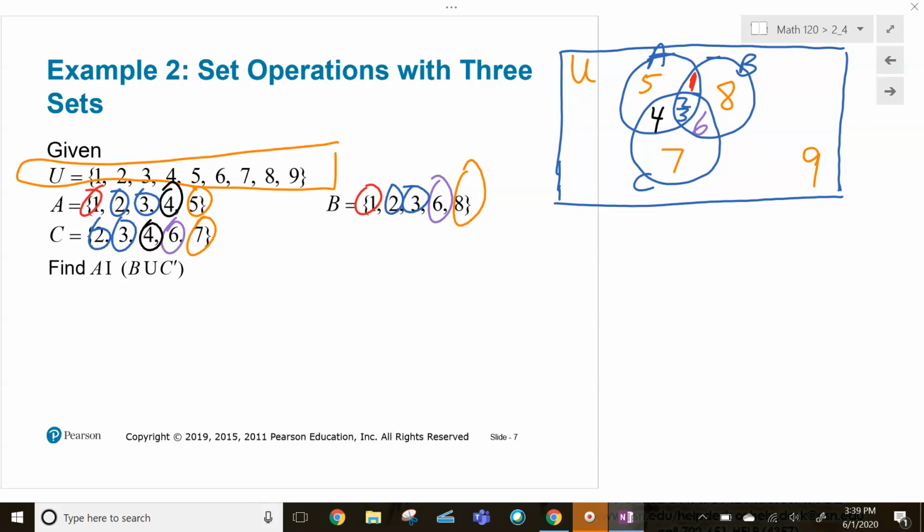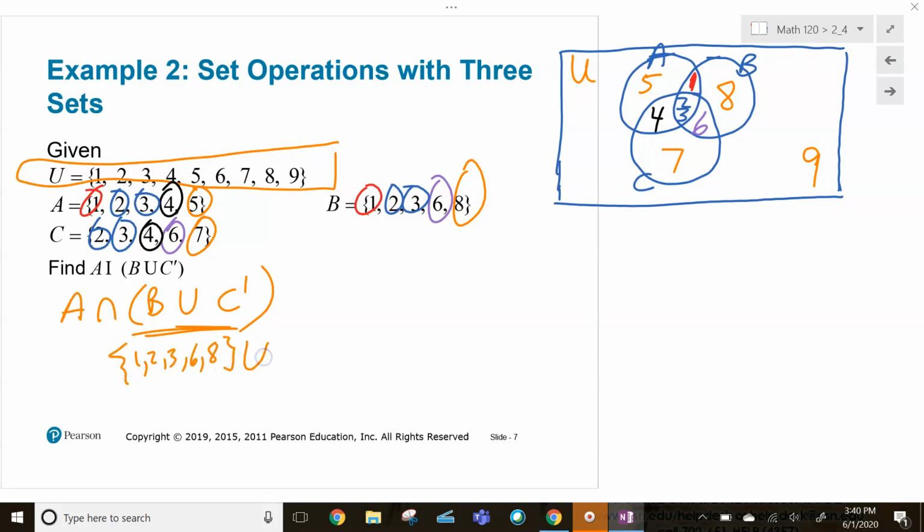Now I think I can answer this question, which says find A intersect the union of B with not C, or the complement of C. All right, let's do this right-hand side first. B is 1, 2, 3, 6, 8.